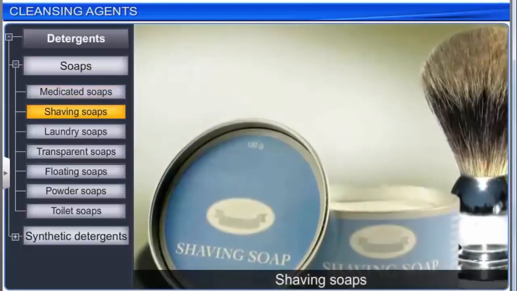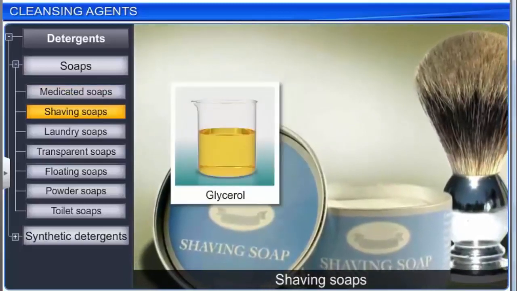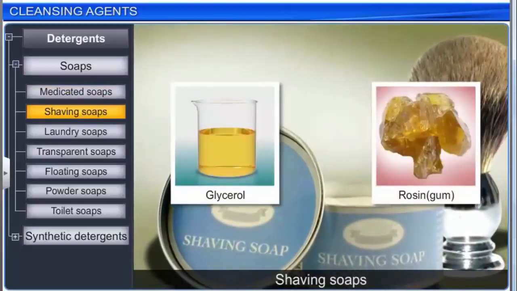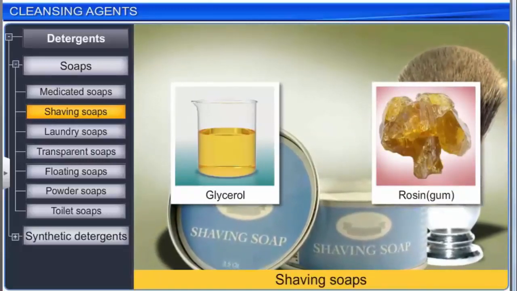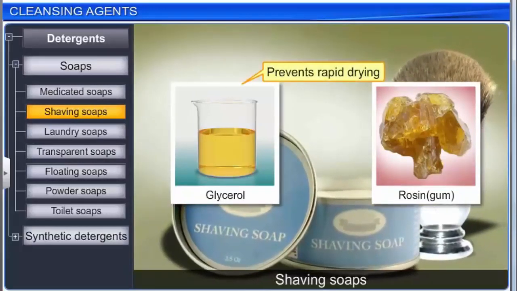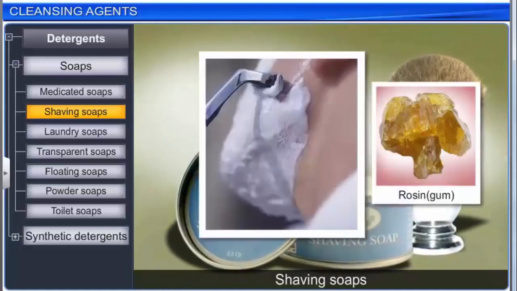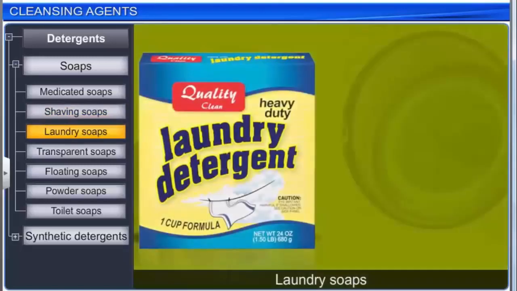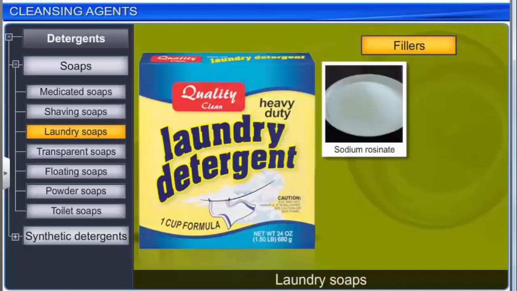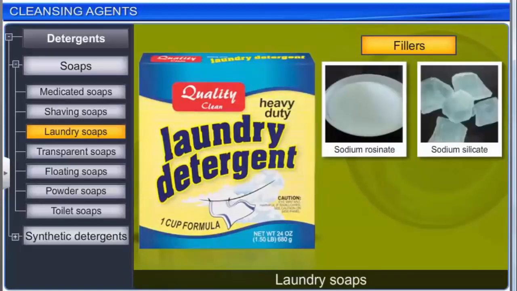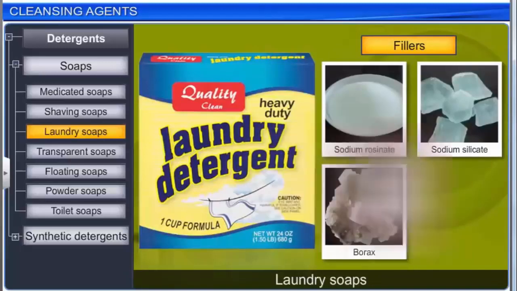Similarly, glycerol and a gum called rosin are added while preparing shaving soaps. Glycerol prevents rapid drying, while rosin forms sodium rosinate that lathers well. Similarly, laundry soaps contain fillers like sodium rosinate, sodium silicate, borax, and sodium carbonate.